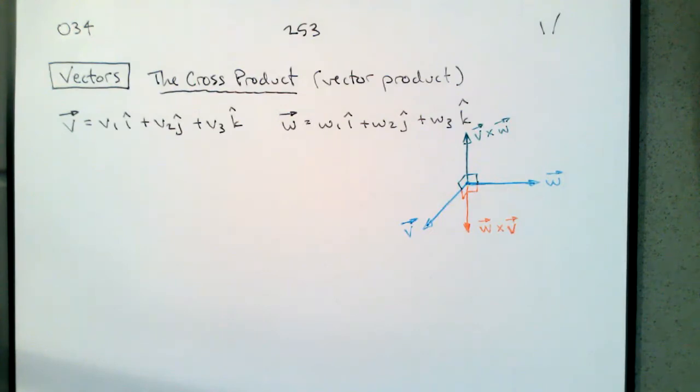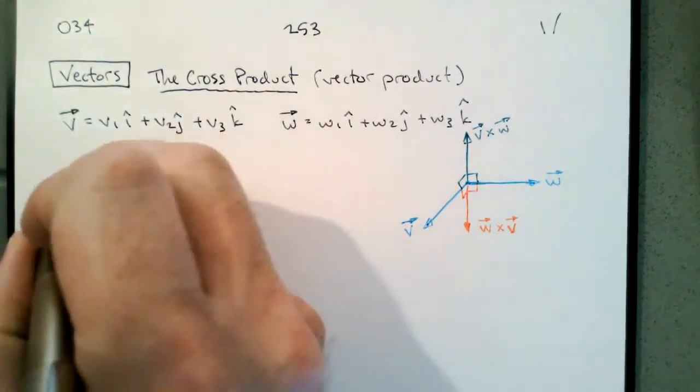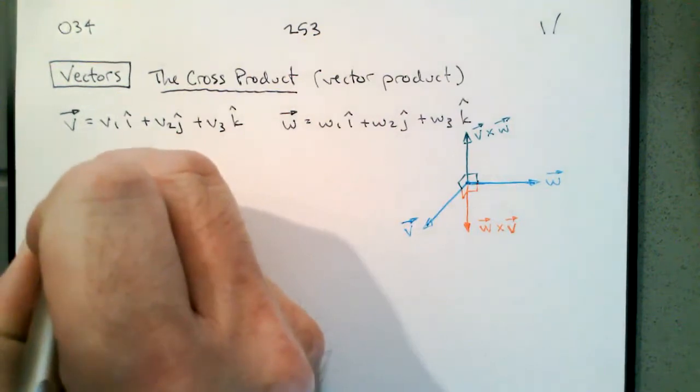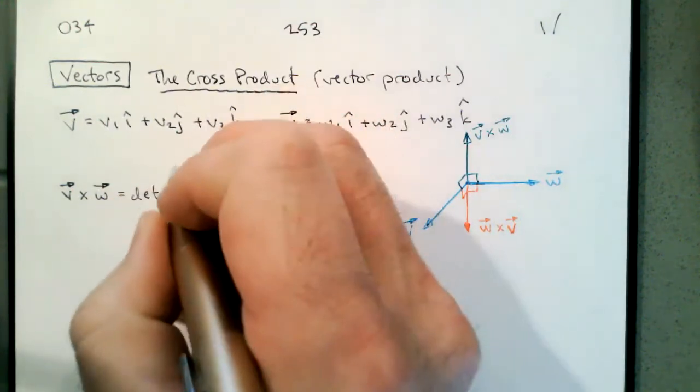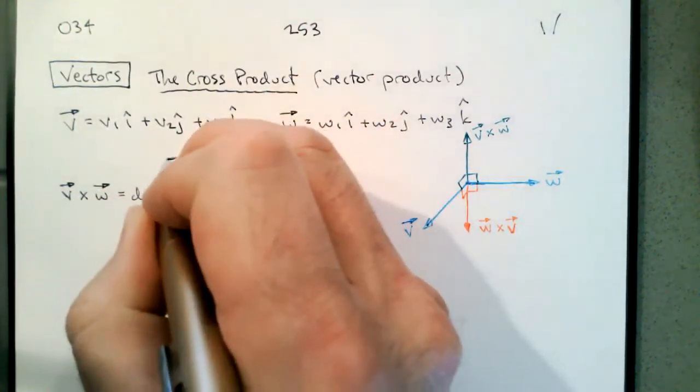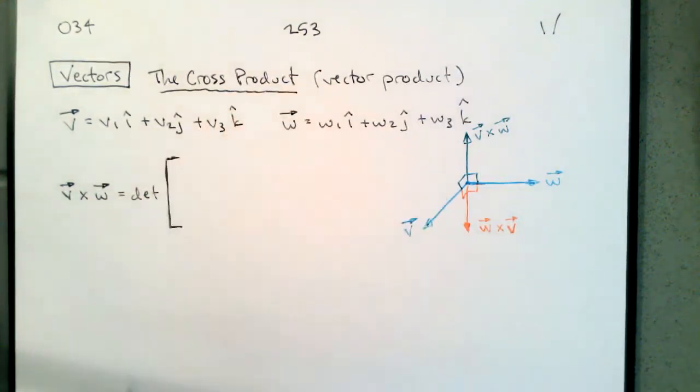So now let's do the calculation to find v cross w. To find v cross w, we can use the determinant of a matrix. We can build a matrix and then calculate the determinant of the matrix. So v cross w is going to be the determinant of the matrix.